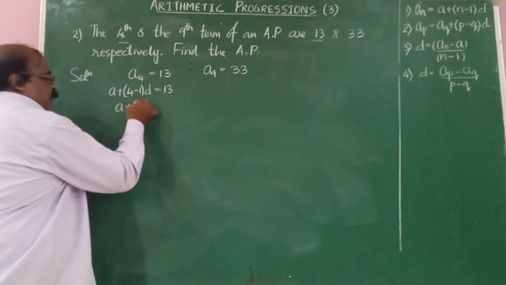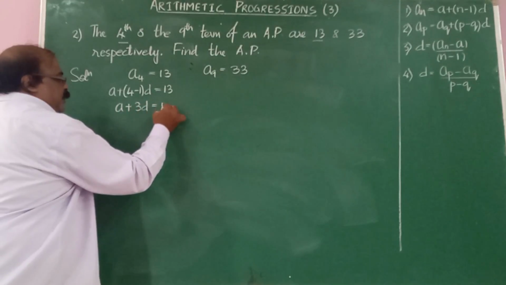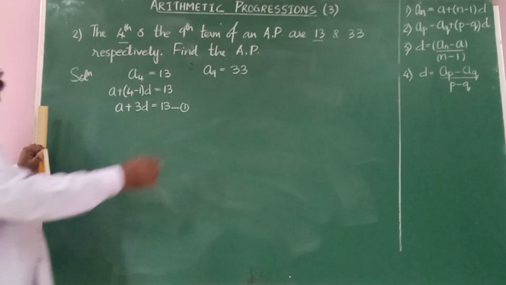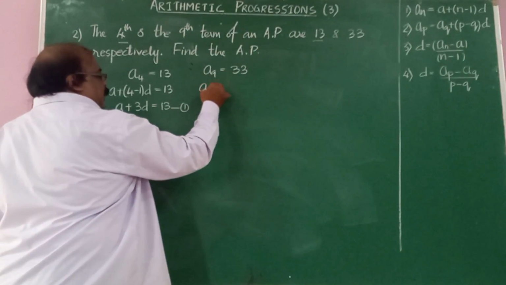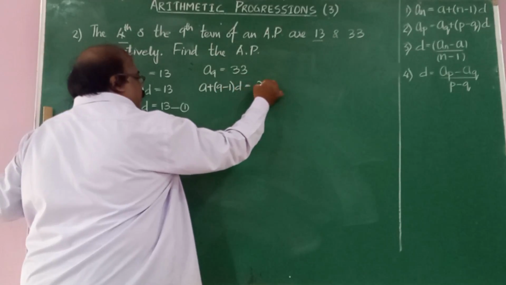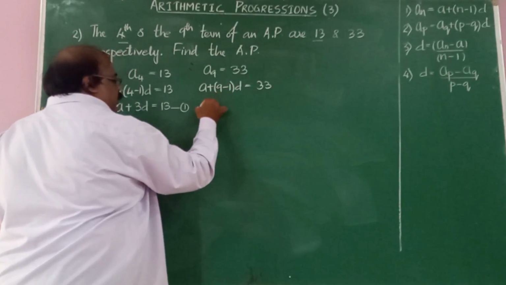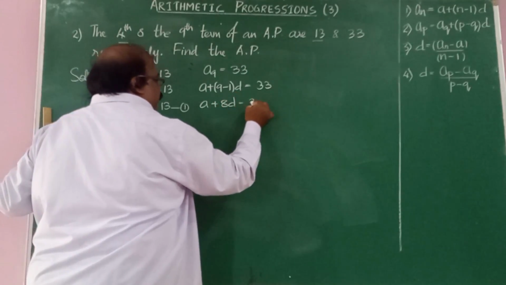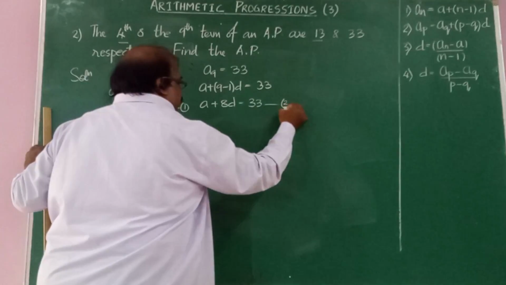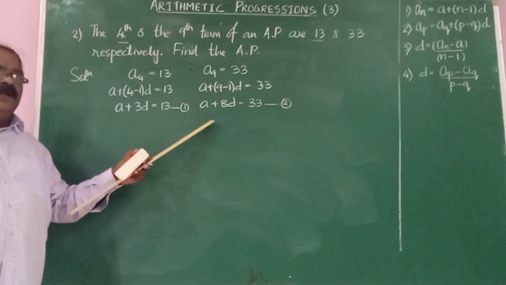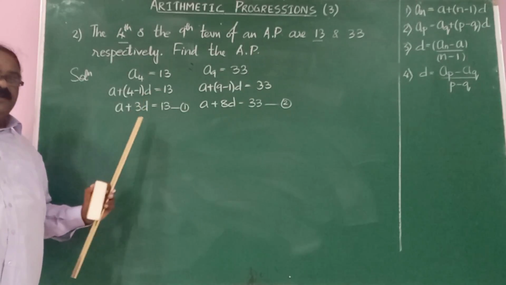So I get a plus 3d is equal to 13. The second equation, a9, a plus of 9 minus 1 into d is equal to 33. So you get a plus 8d is equal to 33. I have got two simple simultaneous equations.